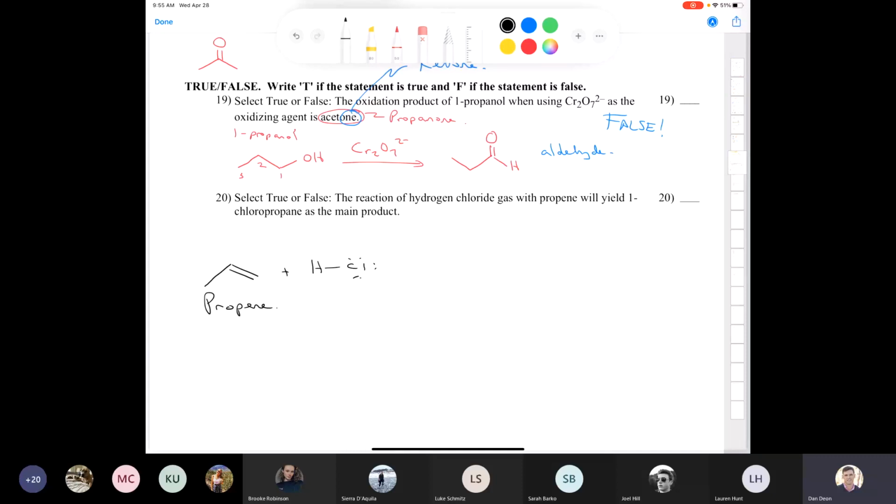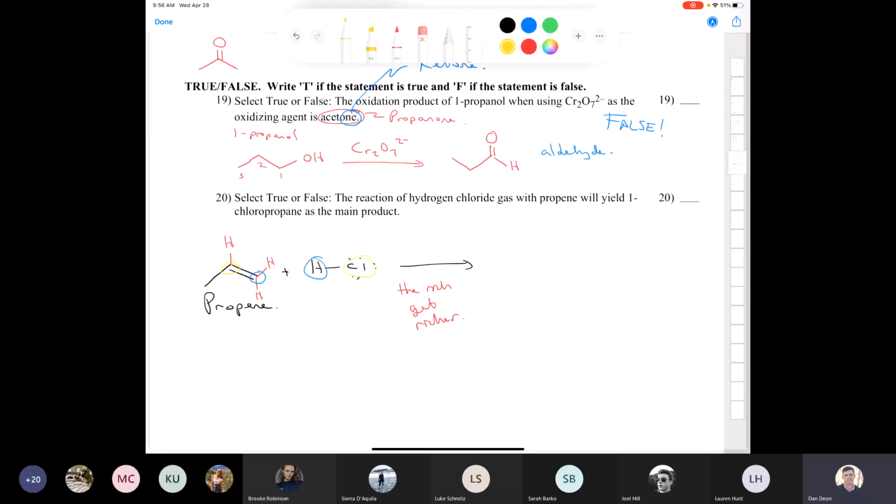I'm going to employ the rich get richer. Since this carbon has 2 hydrogens, and this carbon only has 1 hydrogen, the carbon with the 2 hydrogens is going to take the other hydrogen, and the other carbon is going to take the chlorine atom.